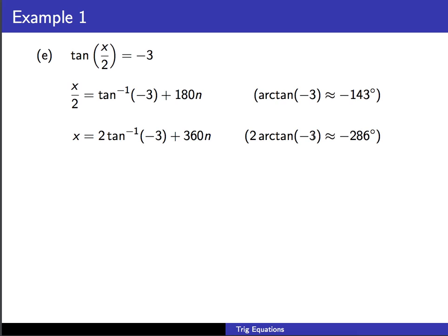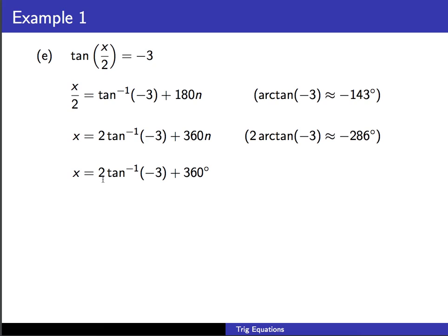Now, over here to the right, I want to make a note that 2 times the inverse tangent of negative 3, or 2 times the arctan of negative 3, is about negative 286 degrees. If we just left it at that, that initial value of negative 286 degrees is not between 0 and 360. So if we add 360 degrees to that, we'll get an angle between 0 and 360.